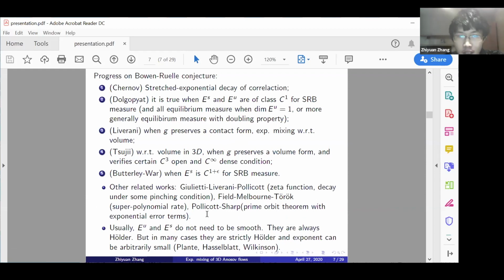So this is what we have just seen. So usually this condition answers Tom's question. They don't need to be smooth, but they are always Hölder. And in many cases, in higher dimension, I know that there are papers that explicitly say that the Hölder exponent can actually be small.